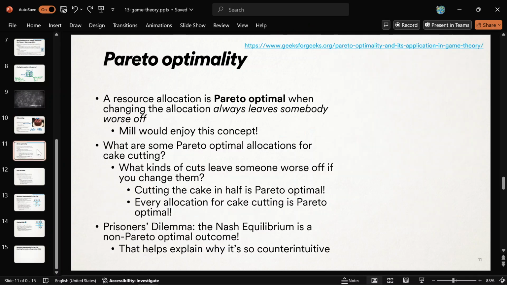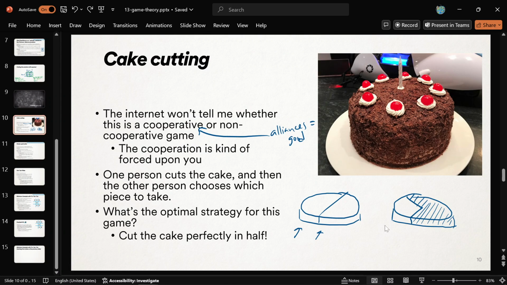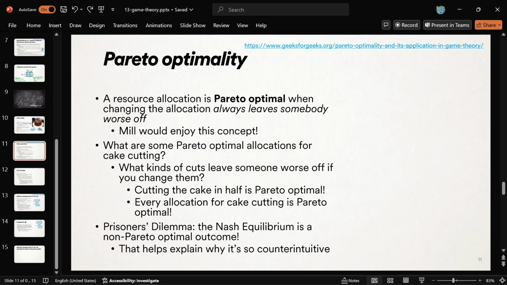And let's zoom into that. There's an idea here. There's a definition of optimality in game theory, and let's talk about it. So what we have done is we have allocated resources, essentially. We've allocated food, but this could be played at a larger scale with like economics and like money. But cake cutting is technically a resource allocation, and we call that resource allocation Pareto optimal.